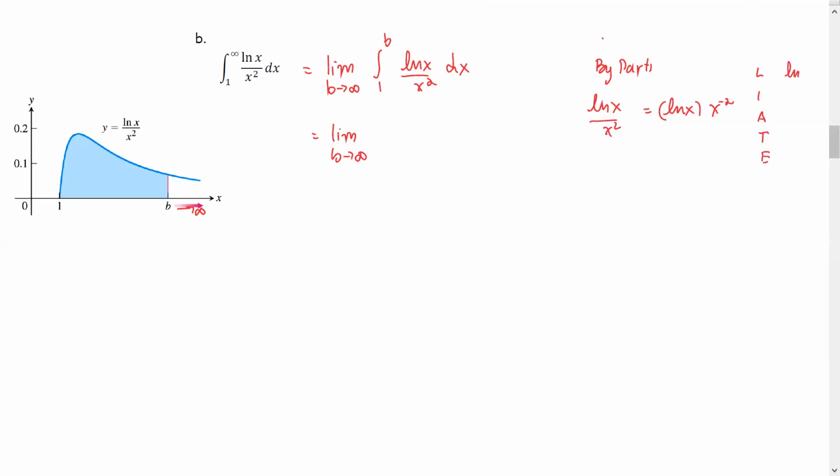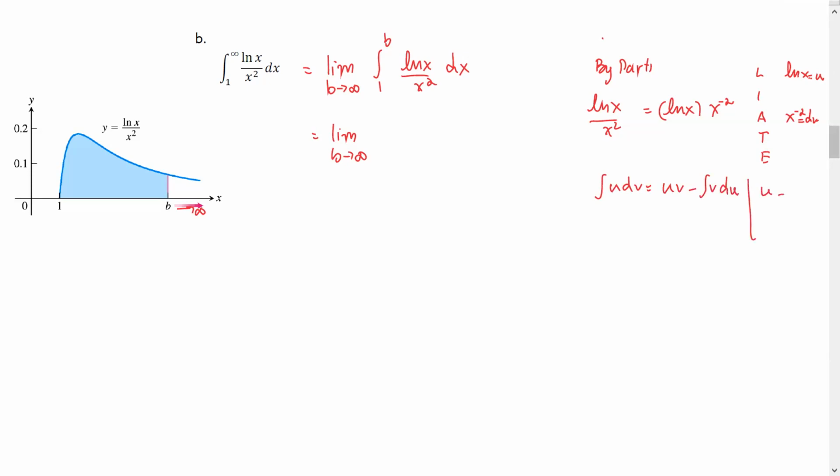The natural log is the L, x to the negative second is the algebraic, or the A. So we let u be natural log x and x to the negative second as dv. For the by-parts technique, the integral of u dv equals u times v minus the integral of v du.